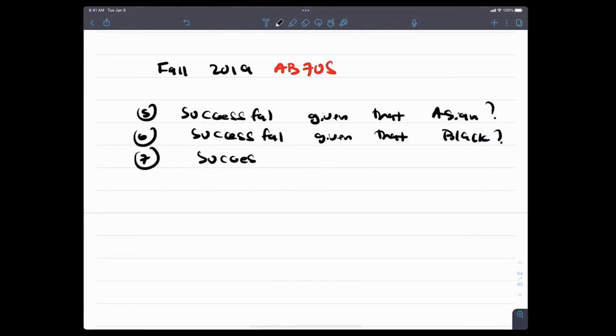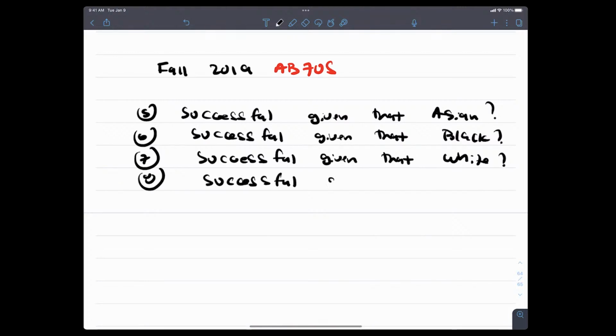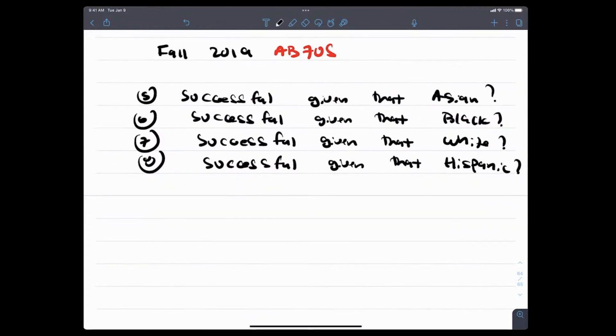Probability you are successful, given that you are white. Probability you are successful, given that you are Hispanic. Okay?